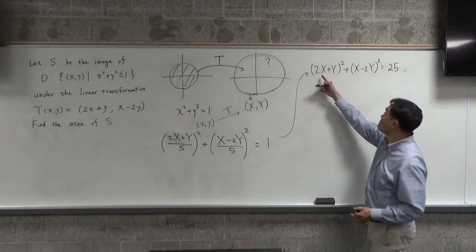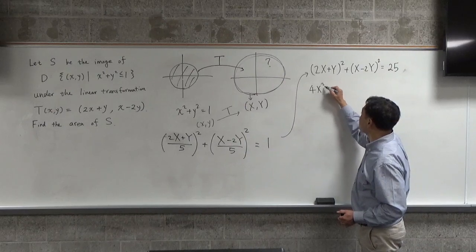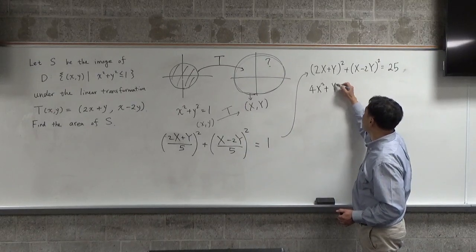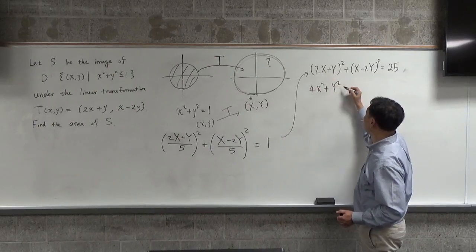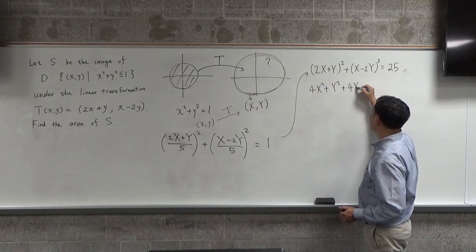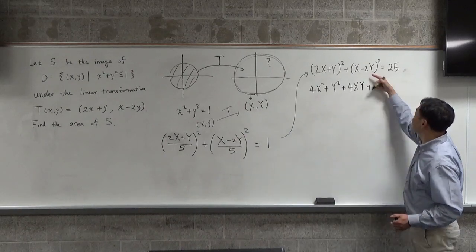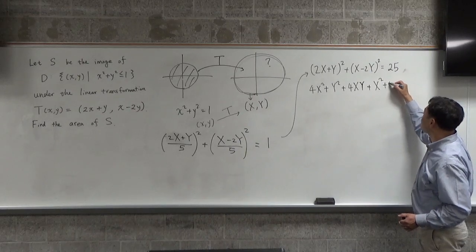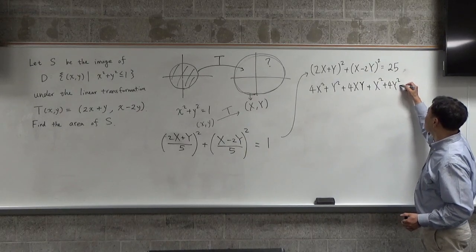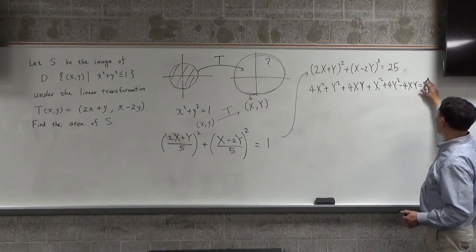And then I expand this. This would be 4X squared, Y squared, but then there's double the product, so you multiply this with this times 2, it would be 4XY. And then plus, this will be X squared plus 4Y squared minus 4XY equals 25.